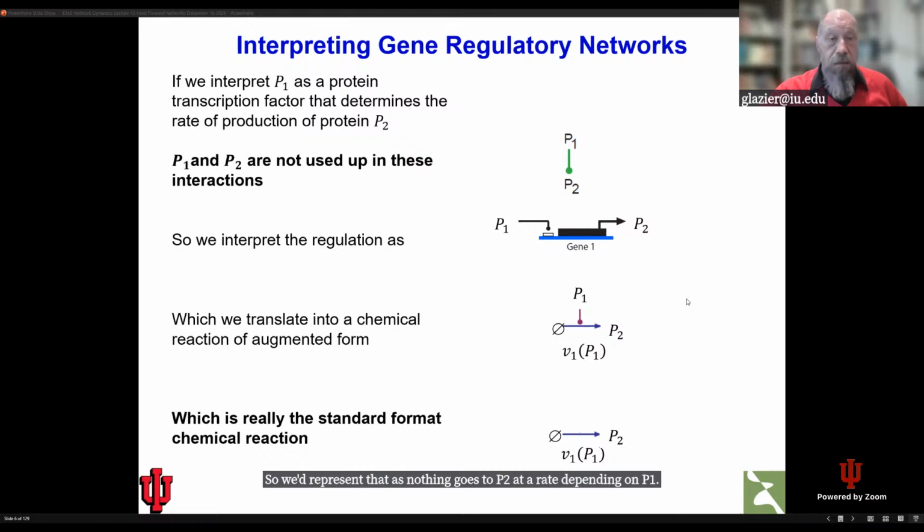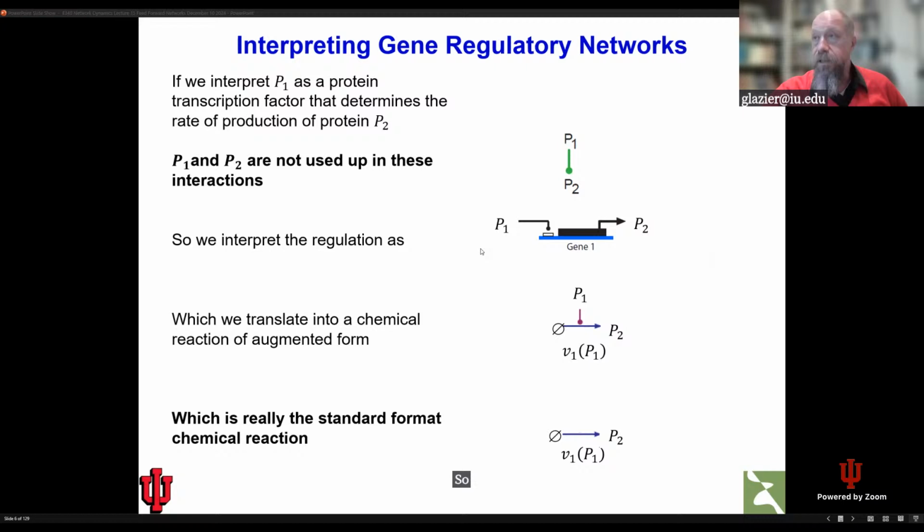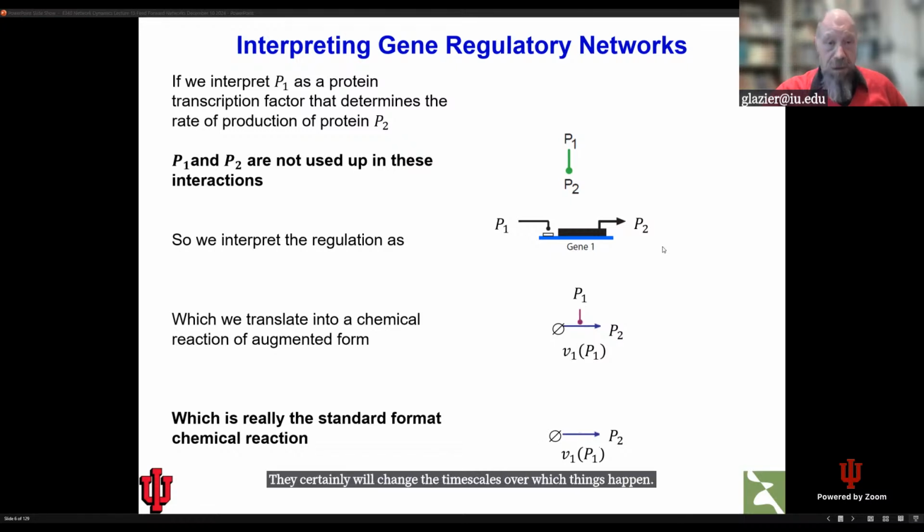And in reality, of course, if we have a gene, P2 would be RNA that has to be converted to messenger RNA and then translated. So there are additional stages between P1 and the protein itself. But we often neglect those here. They certainly will change the timescales over which things happen. But those delays tend to be more critical when you have feedback.